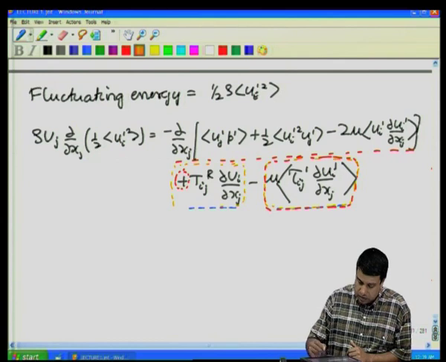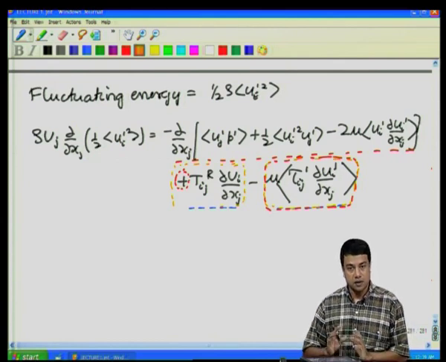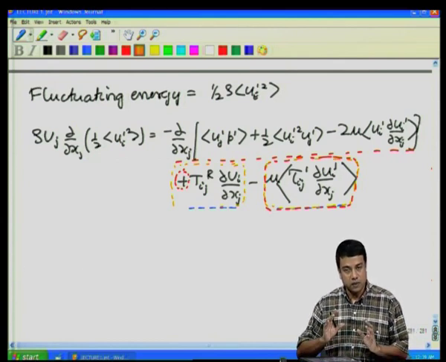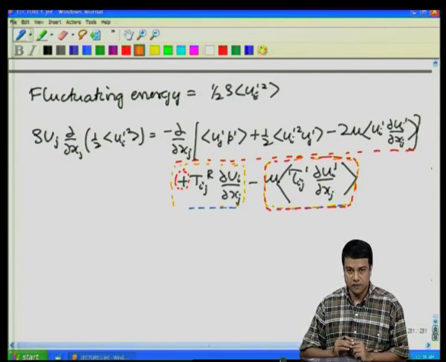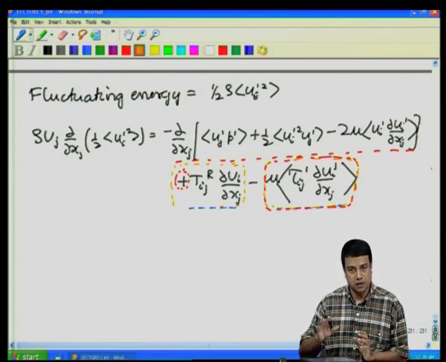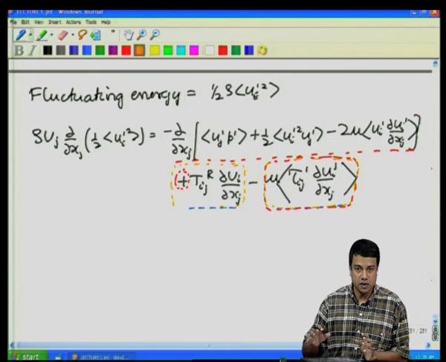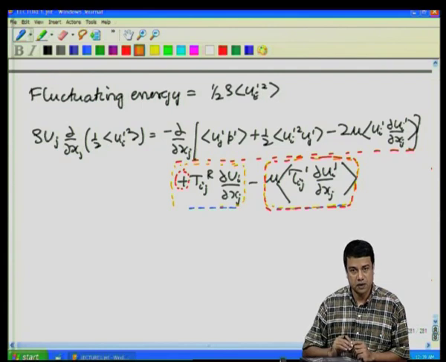So, to summarize, when we wrote an equation for the mean velocity profile, we had of course the flux terms, which were the divergence of some quantities. Then we had the viscous dissipation in the mean flow, that is the mean stress double dotted with the mean velocity gradient. And then you had this Reynolds stress term.